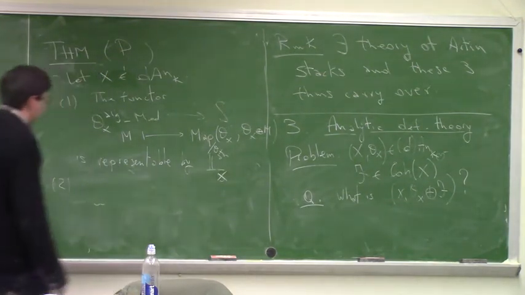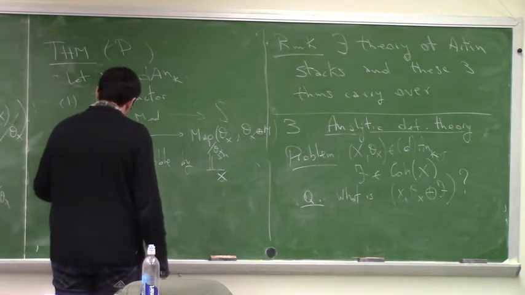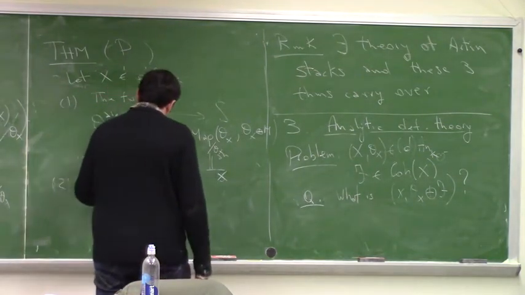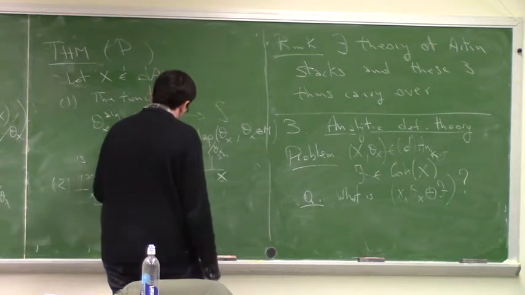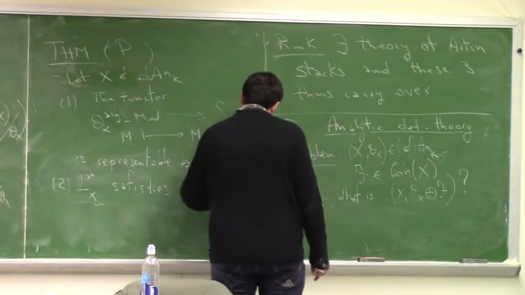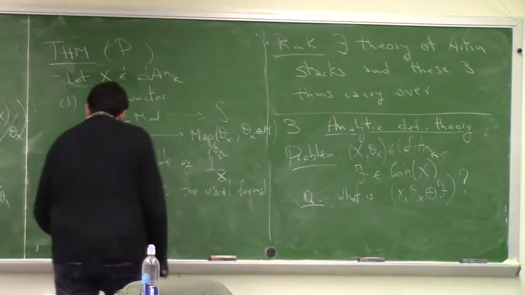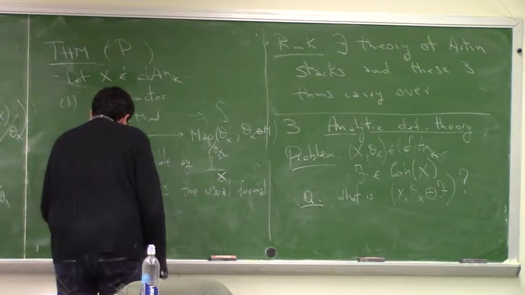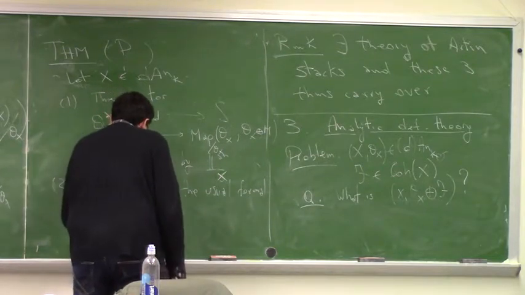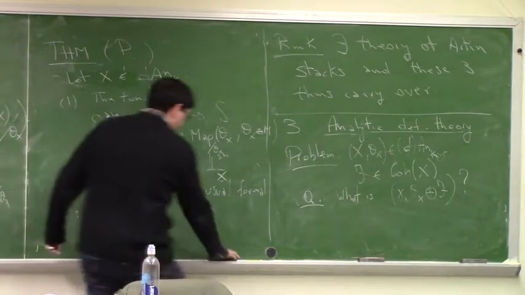Second, the analytic cotangent complex satisfies the usual formal properties, by which I mean it satisfies the transitivity sequence and it satisfies the base change property.